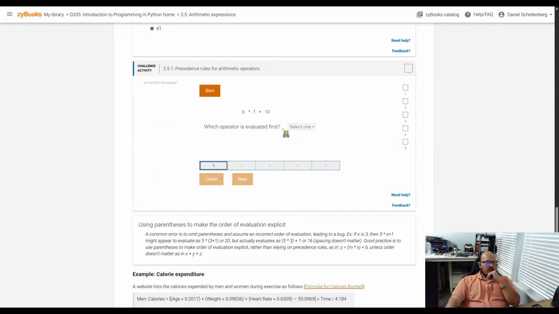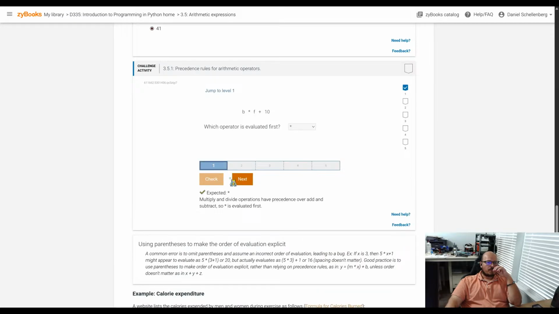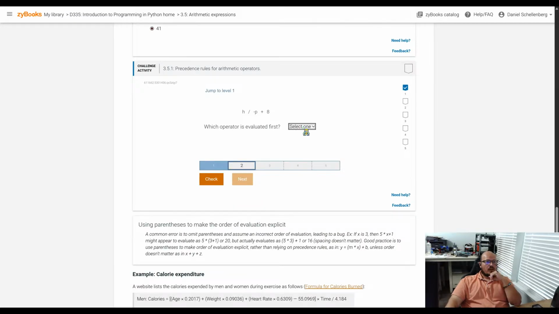Which operator is evaluated first? Select one. So let's start. Which operator is evaluated first? The multiplication is. On this one, the division. Oh, no. Hold on here.